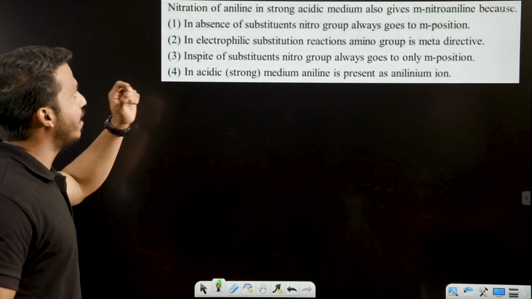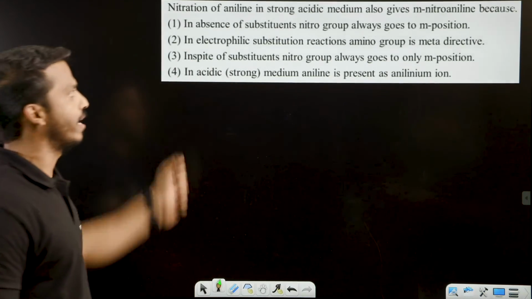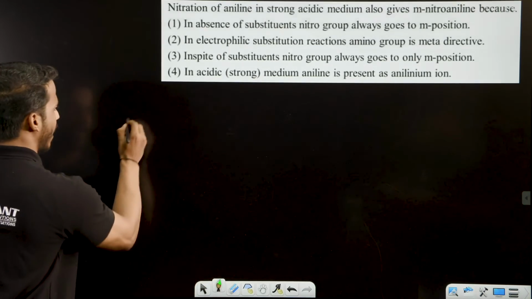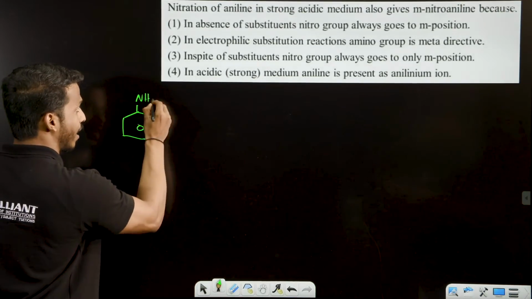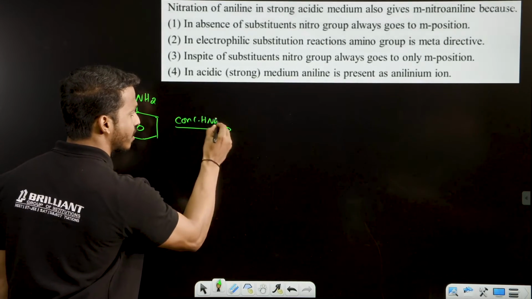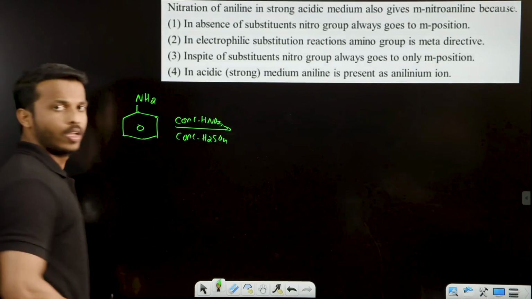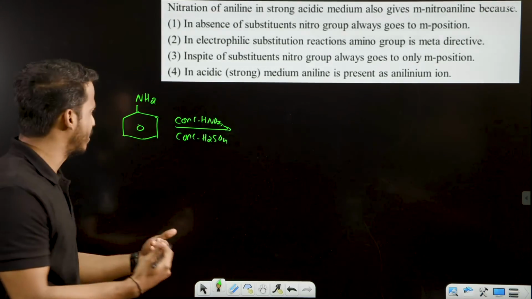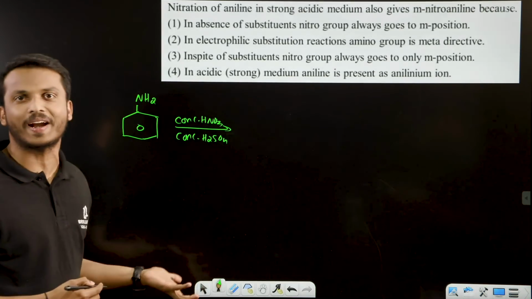Nitration of aniline in strong acidic medium also gives m-nitroaniline. During aniline nitration, aniline means benzene with NH2. Once you treat it with the nitrating mixture, concentrated HNO3 and concentrated H2SO4, the nitro group comes to the system and goes to ortho and para positions because NH2 is an ortho para directing group.